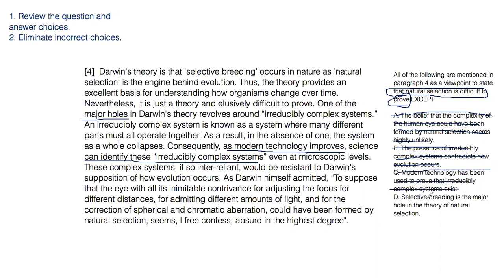Now what this leaves us with is answer choice D. Selective breeding is the major hole in the theory of natural selection. Now for all question types, we always recommend double checking, but for this one especially, it's important to double check.